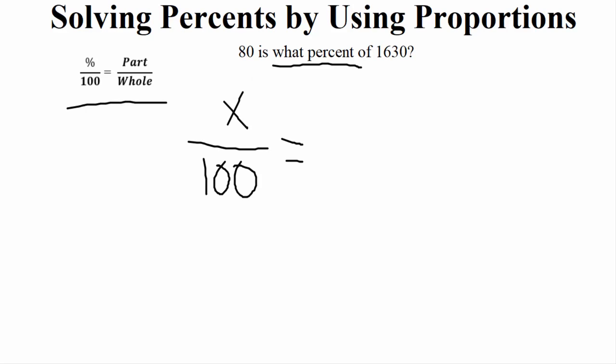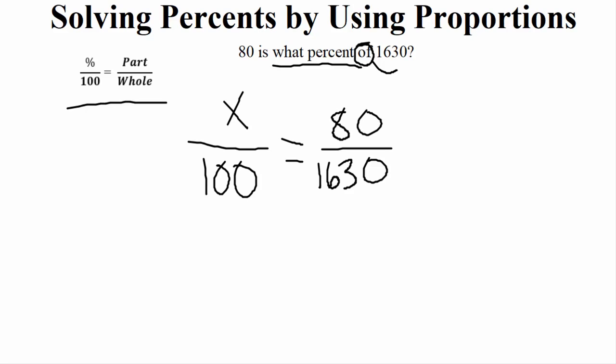And this is going to equal, well, remember what I said in the last example. In order to figure out which one's your part, which one's your whole, look for the word of. Immediately following the word of is going to be the whole. So after the word of, I have 1,630. So I'm going to plug that down in the denominator for my whole. That means the 80 is the part.